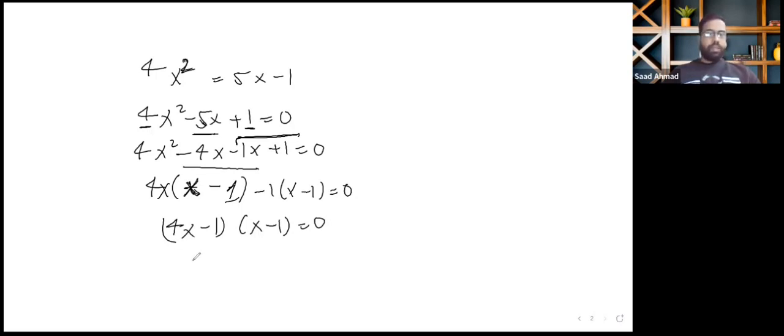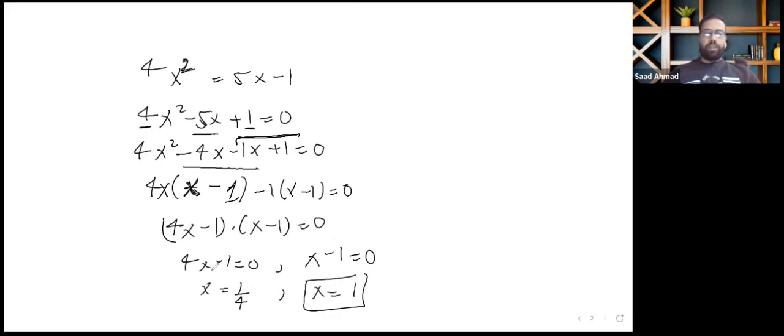So then we write them equal to 0 separately, because when two factors multiply to 0, you can write them equal to 0 one by one. Then from there we will get x equals 1/4 and x equals 1.